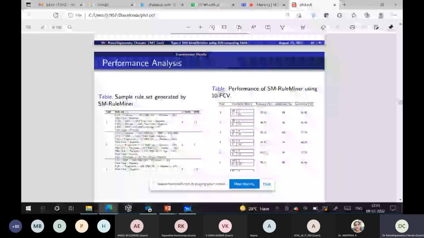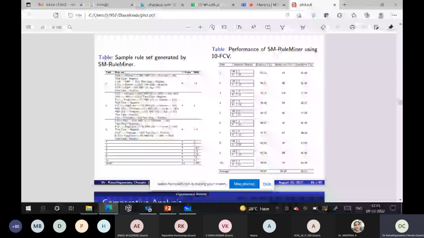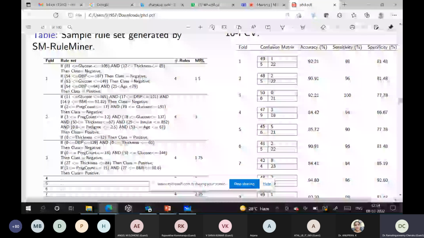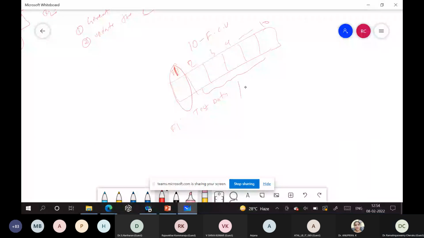Once we finished the 10-fold cross validation on the diabetes data, we generated some rules. Let me show a sample from fold one. You know what 10-fold cross validation is: your data set is generated in 10 folds, partitions 1, 2, 3, up to 10. In fold 1, we keep the first partition as the test data set and the remaining 9 as the training data set.